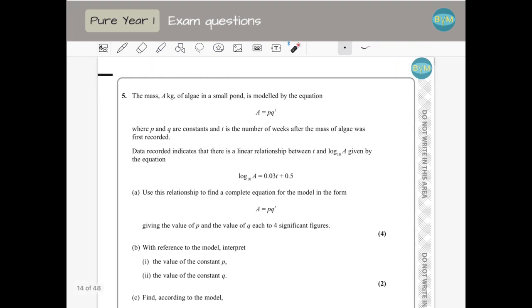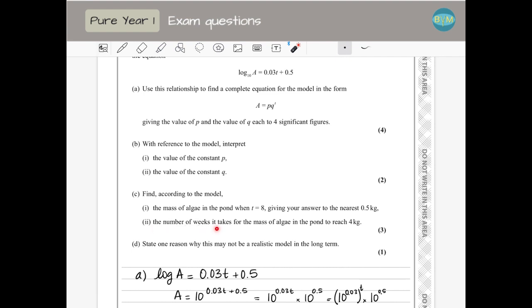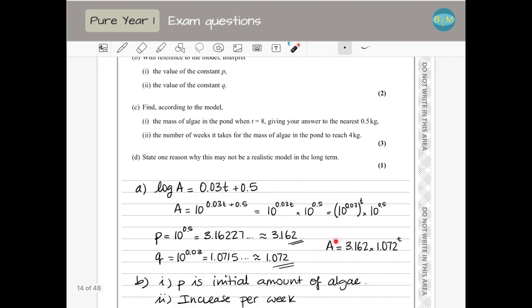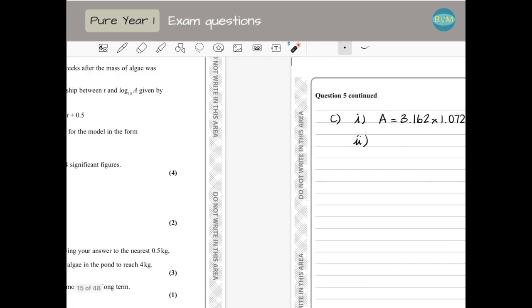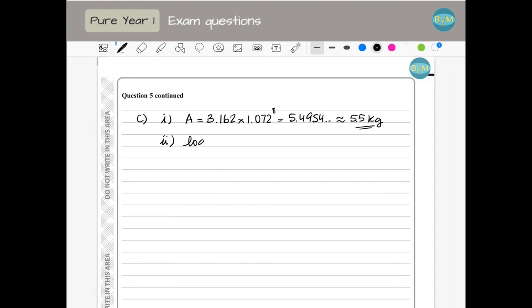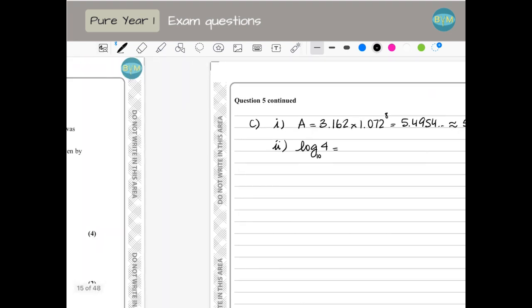The second part says the number of weeks it takes for the mass of algae in the pond to reach 4 kilograms. So now I have that A is 4 and I need to find t. I could use this expression, or you can use this one because t is easier to find. They're equivalent. So log 4 is going to be 0.03t plus 0.5.